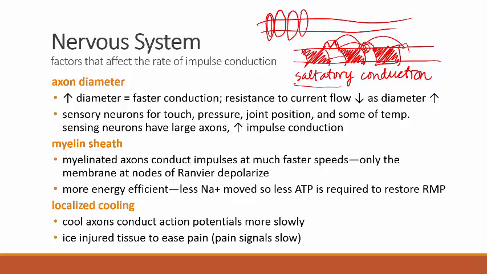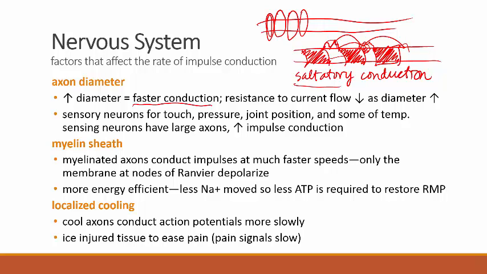So what factors can influence the speed with which impulses are conducted? There are three factors. First, larger diameter axons will allow for faster conduction of the action potential. We saw this in the interactive physiology presentation as well.